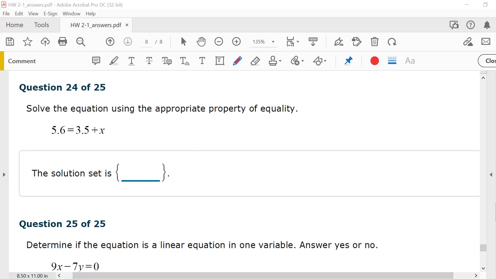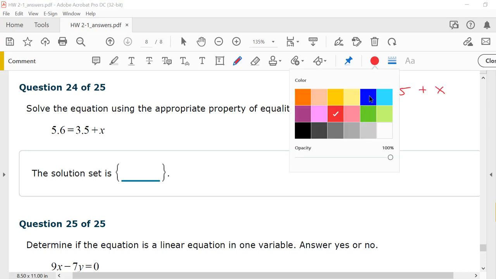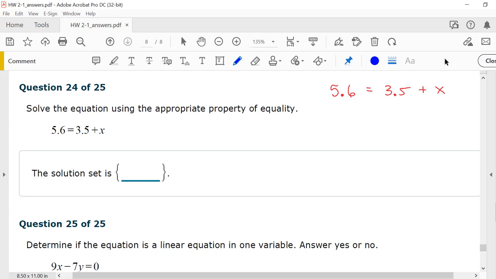Number 24, the equation says 5.6 equals 3.5 plus x. Right now we're adding 3.5 to x. To get x by itself, we want to subtract 3.5 from both sides. 3.5 minus 3.5 is 0. 0 plus x is just x.